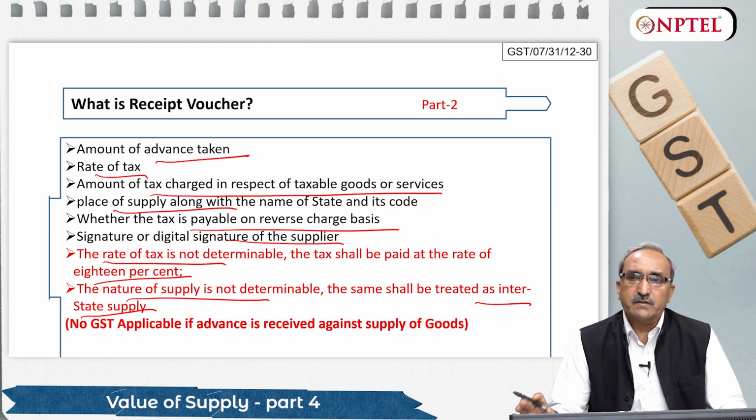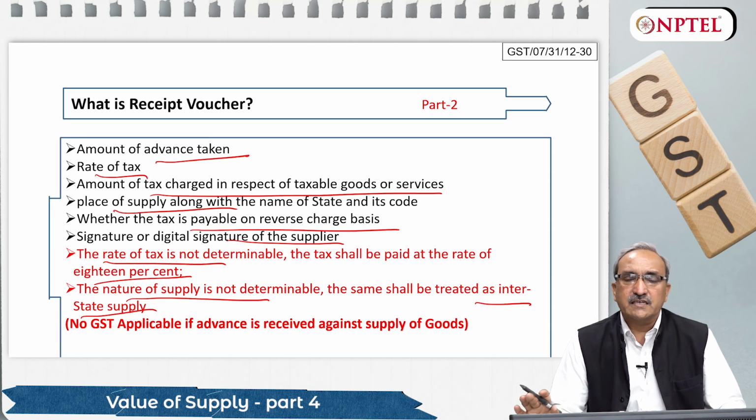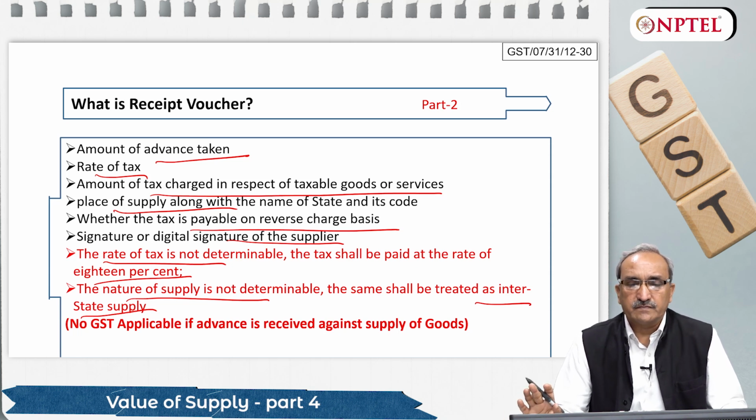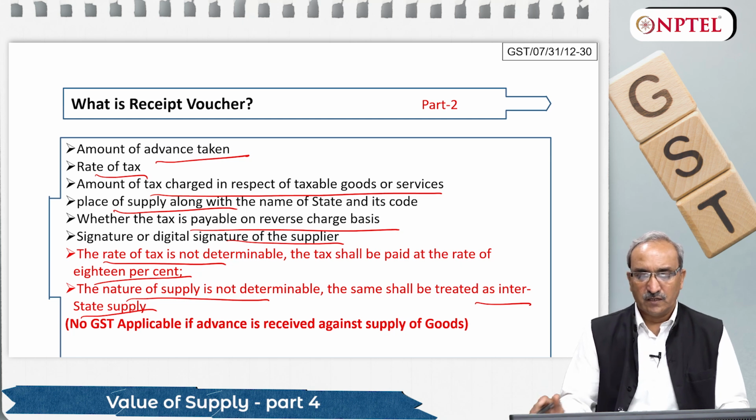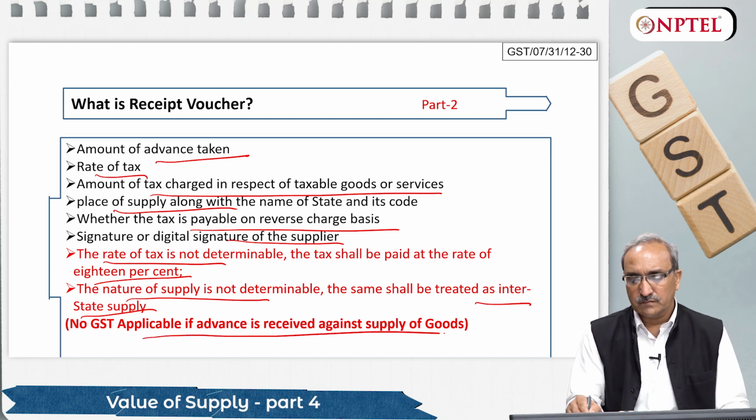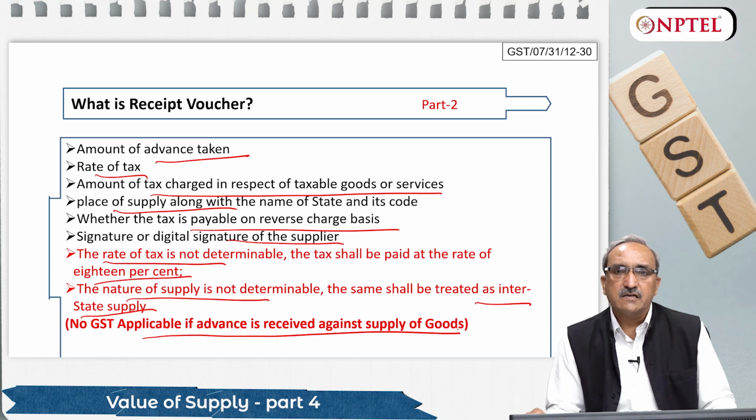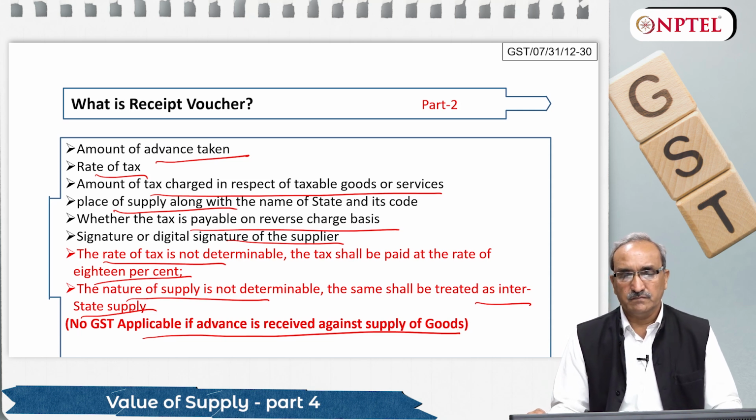So it will be presumed that it will be an interstate transaction, and once it is clear, then accordingly the transaction will be done. So in case of goods, if advance is received, no GST will be paid. But in case of services, if advance is received, it has to be paid in the same month.